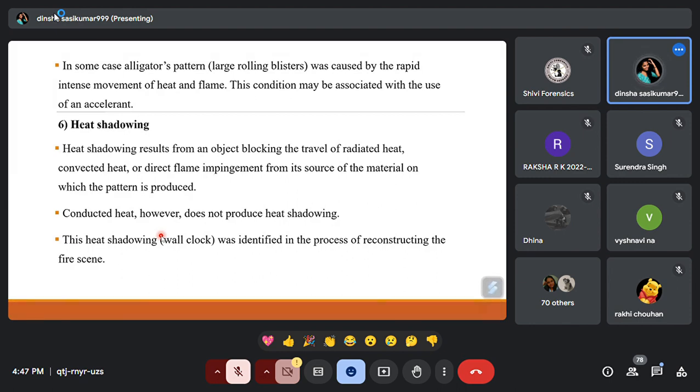When a substance blocks the heat from traveling, there is a chance of producing this heat shadowing pattern. Conducted heat does not produce heat shadowing, but convected heat, direct flame contact, or radiated heat always leaves a heat shadow. This heat shadowing is very helpful for investigators in reconstructing the scene.